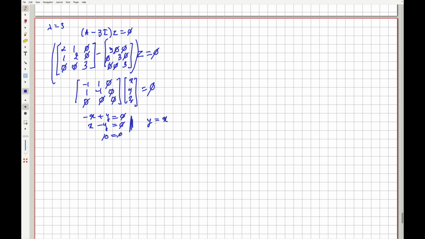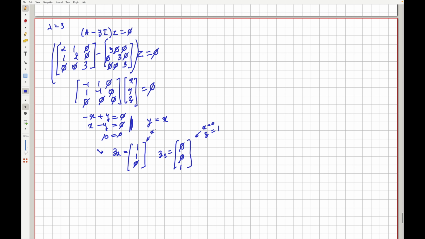And so we can say that there are two independent eigenvectors that result from this. Let's call this z2, which is 1 1 0, and the other one is z3, which is 0 0 1. That's if we assume the value of x as 1, then y becomes 1 and z is 0. In the other case, we assume x is equal to 0 and z is equal to 1.